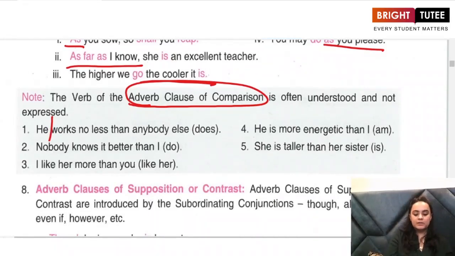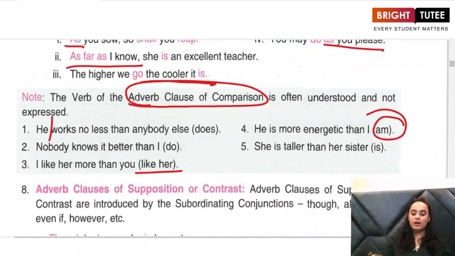Nobody knows it better than I. Even if I don't write do, that's perfectly fine. Nobody knows it better than I do. I like her more than you. Even if I don't write the rest, that is okay. He is more energetic than I. Again, if I don't write am, that does not make much of a difference.